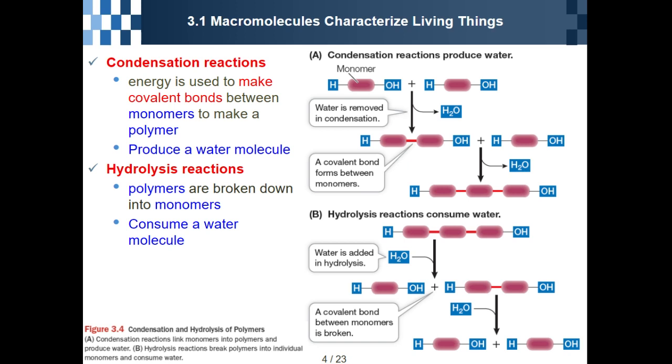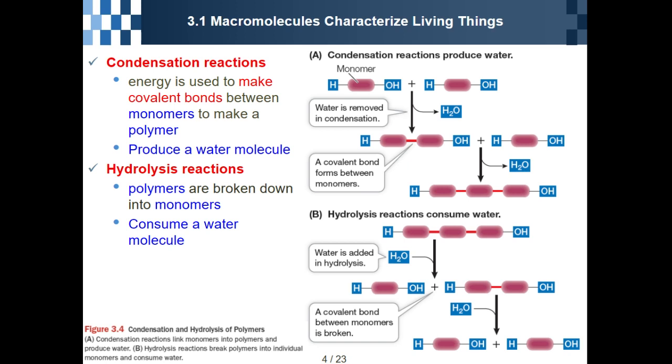There are two kinds of reaction. One is condensation, the other one is hydrolysis. Condensation means that two monomers become a polymer. Then this polymer binds to another monomer and makes a longer polymer. It's like this.